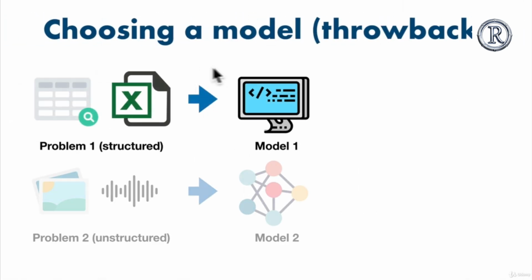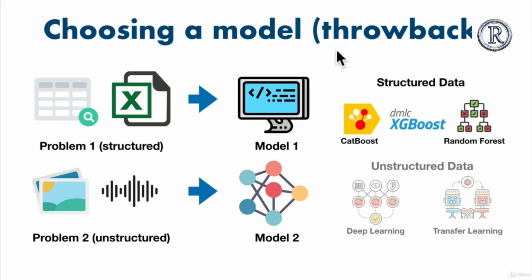Now, if you remember way back in the Machine Learning 101 section, so this is why I've got throwback here, we looked at this slide, choosing a model. So we've got structured data here. You might choose a model and you might use one of these libraries on structured data like CatBoost, XGBoost, or Random Forest. We saw that in sklearn. Now we're going to start working with problem 2, unstructured data. So we've got photos or audio files here, and we've got model 2, which is more like a neural network.